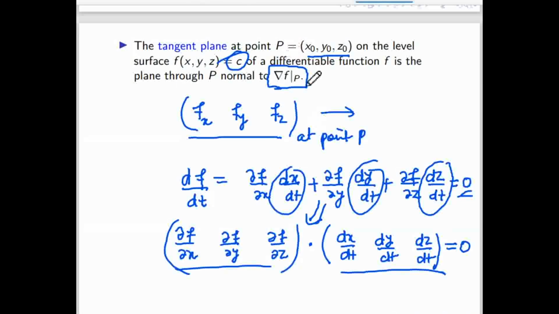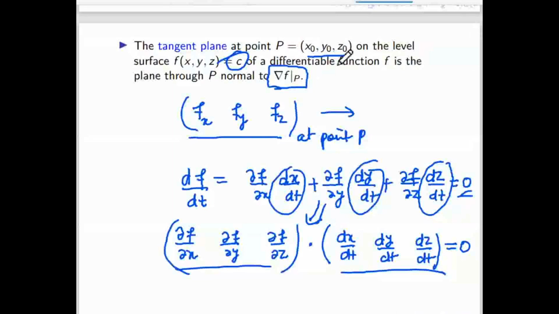So once we have the normal direction of the tangent plane at this point, can we find the equation of the tangent plane passing through this point x naught, y naught, z naught? If we have the normal of that plane, yes, sir, we can find the tangent plane by using grad f. And this grad f is the normal line.